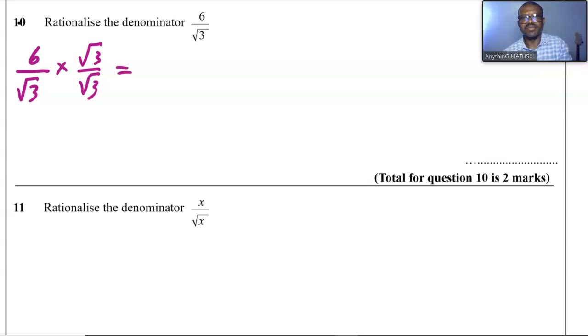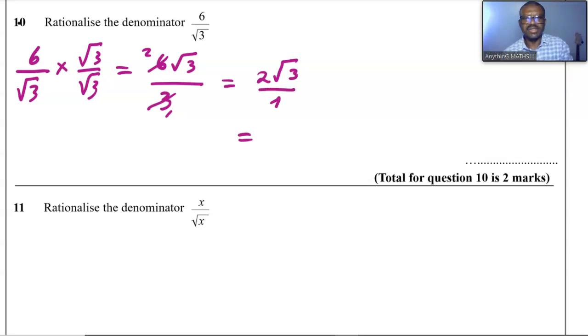We multiply the numerator, we get 6 root 3, and the denominator will be 3. These 3 will cancel this 6 over here, giving 2. This 3 will never cancel the 3 under the square root sign. The answer will be 2 root 3 over 1, which is the same as 2 root 3.